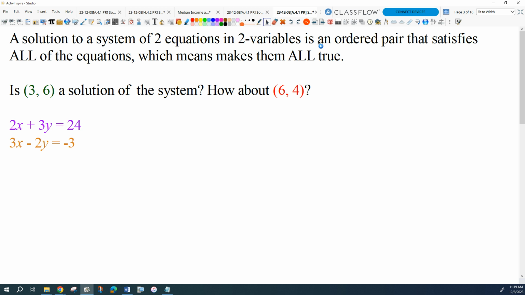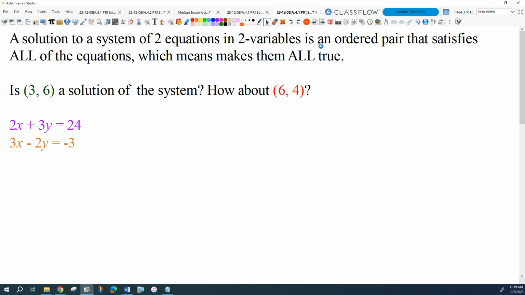So now if I want to determine if the green ordered pair is a solution of the system, what do you suppose that means? Yes, it has to work for both equations in the system, okay? So there's a little bit stricter requirements for a solution of a system. For an ordered pair to be a solution of a system, it has to satisfy all of the equations in the system. You know, it has to make them all true.